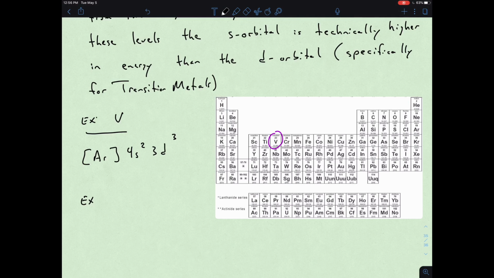But when we look at an example of, let's say, vanadium plus 1, and I write the same type of core configuration, but now I have this idea of 4s and 3d, where does the electron get pulled from? It gets pulled from the higher energy orbital.